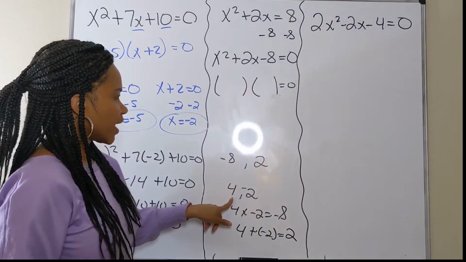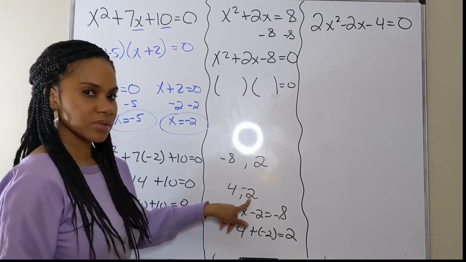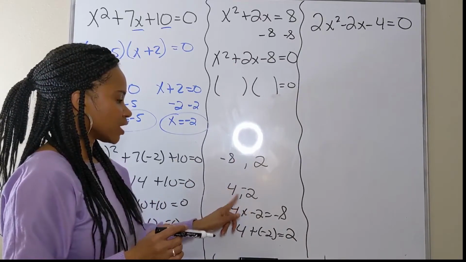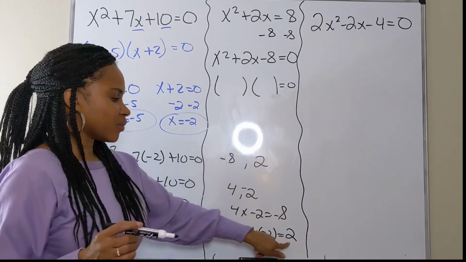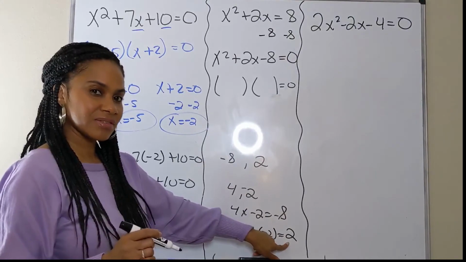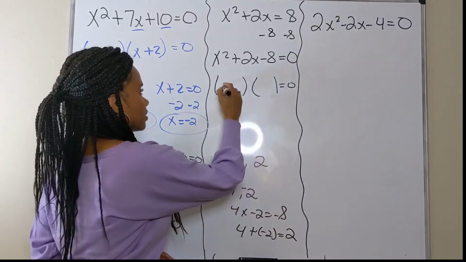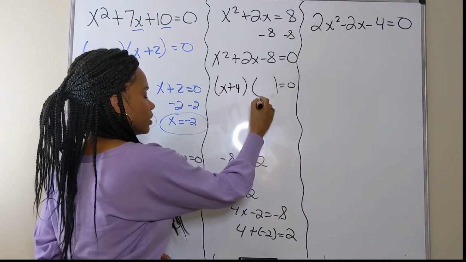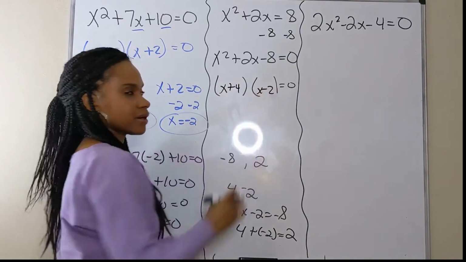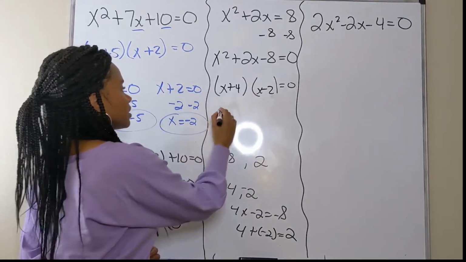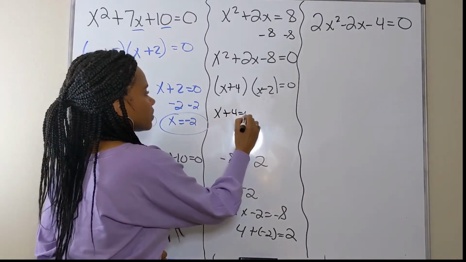So my 4 has to be positive and my 2 has to be negative. If they were flipped, with the 4 negative and the 2 positive, I would get negative 2 when I add. So I have to use the correct sign. That would be x plus 4 and x minus 2. And then same steps: set it equal to 0.